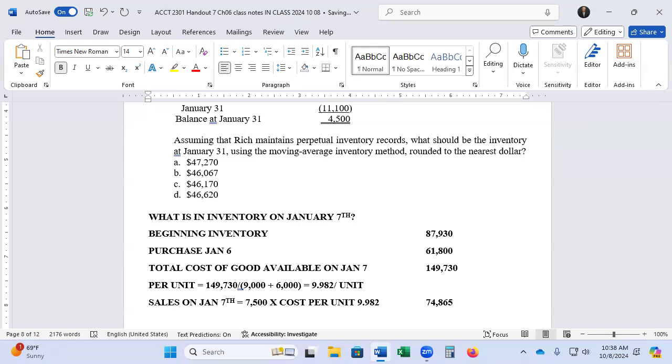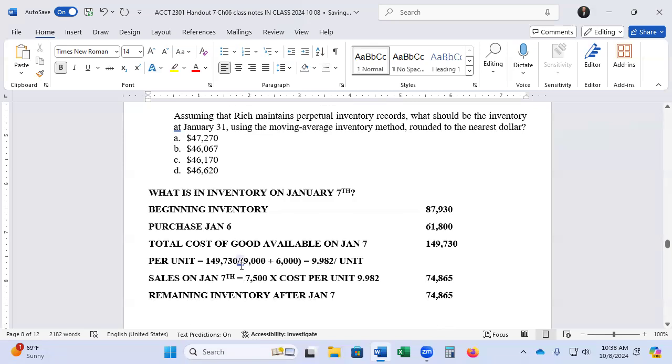Because we sold half. So our remaining inventory after Jan 7th is 74,865. Are we following so far?